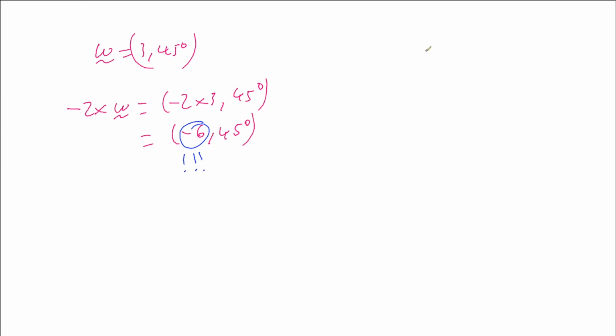So if we have a Cartesian plane, our original w is a magnitude of 3 at an angle of 45 degrees. And now I've got, at an angle of 45 degrees, going in the negative direction, 6.